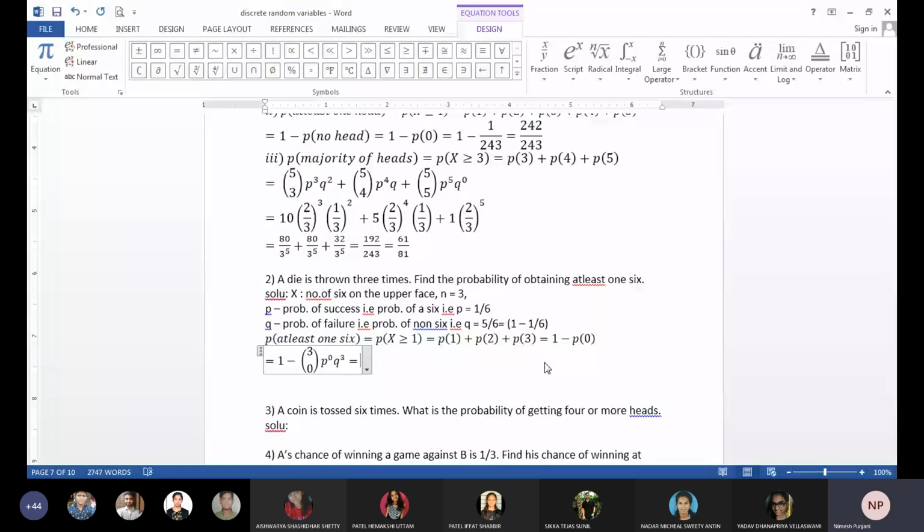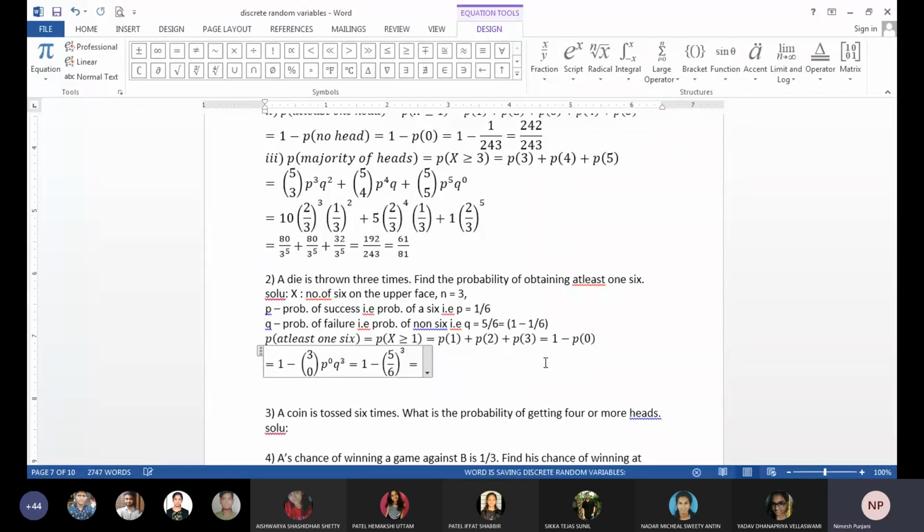P raised to x, Q raised to n minus x. So what is 3C0? 3C0 is 1. P raised to 0 is also 1. So Q raised to 3. Q का value is 5/6.